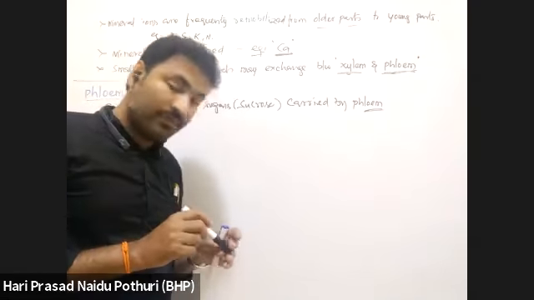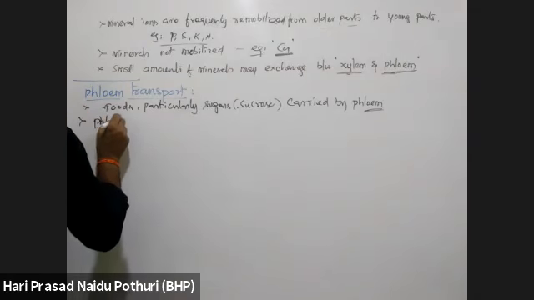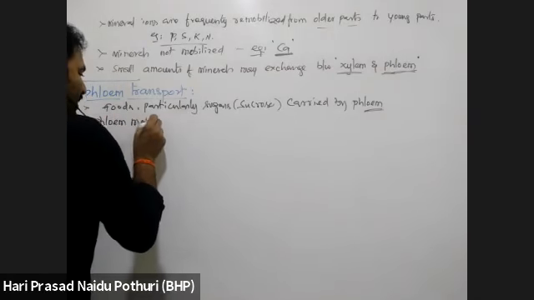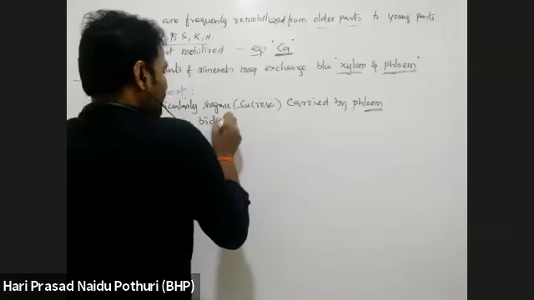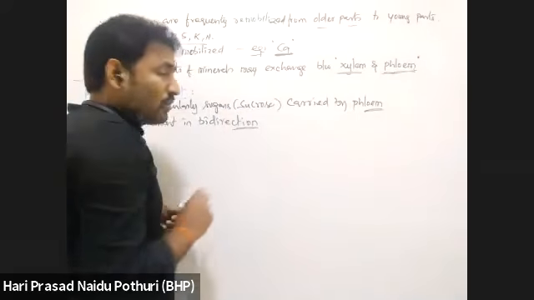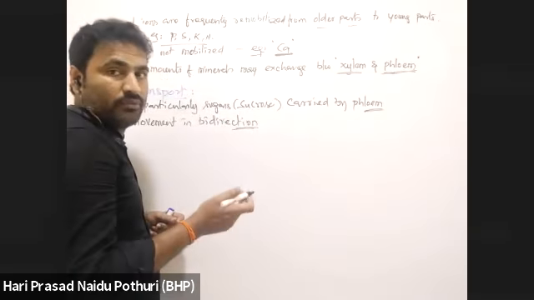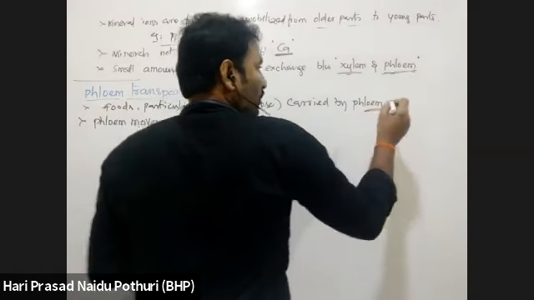This movement, phloem movement, is bidirectional. That means in both directions, from source to sink or sink to source.